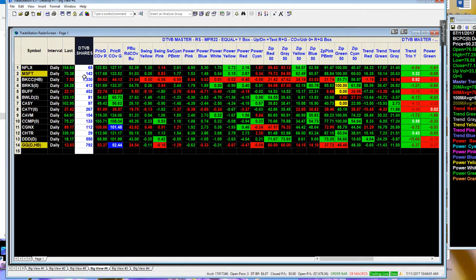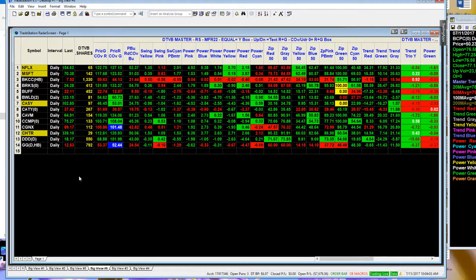What this is basically telling us right here is that with $10,000, I can buy 65 shares of Netflix. With Microsoft, I can buy 142 shares for $10,000. And then, of course, you usually round off. If I decided to buy Microsoft, I'd probably buy 150 shares.